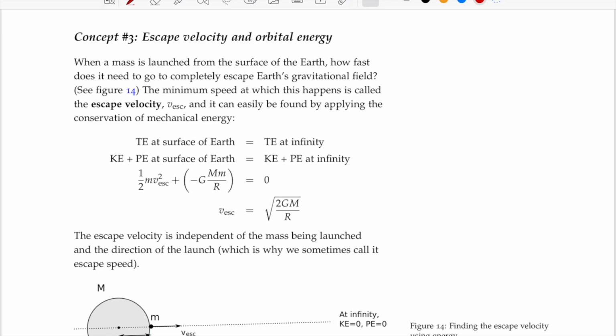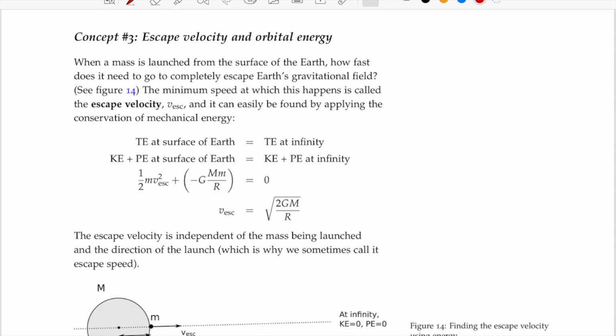So start off by looking at the total mechanical energy at the surface of the Earth. It has kinetic energy at its launch. It has gravitational potential energy. And it has to make it all the way out to infinity with 0 speed, right? So we want the minimum amount of energy. We don't want any excess kinetic energy out at infinity.